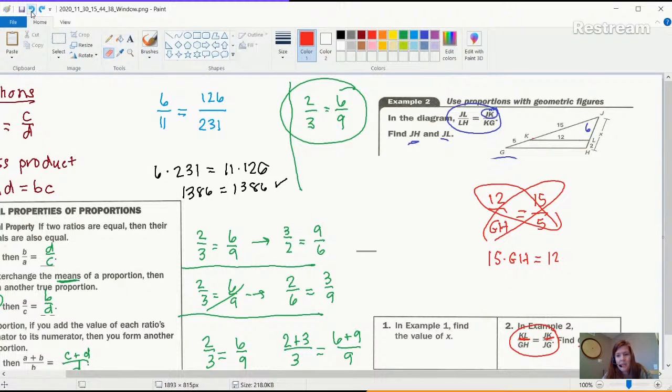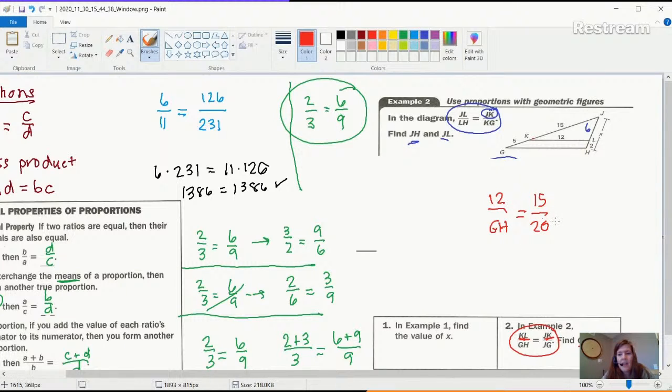My magic eraser on here. Sorry for the clicking. There we go. So here was my mistake. I just assumed it was the same proportion, but it's actually J to G, not K to G like the one above. So the distance from J to G is actually not 5, it's 20. That should help us out a little bit, right?